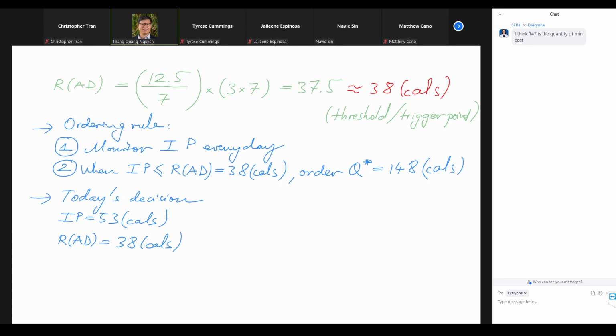I would like to ask the whole class, do we need to make an order today or not? Please feel free to share your thoughts in the chat window. The remaining stock is 53, the threshold is 38. Do we need to make any order today?